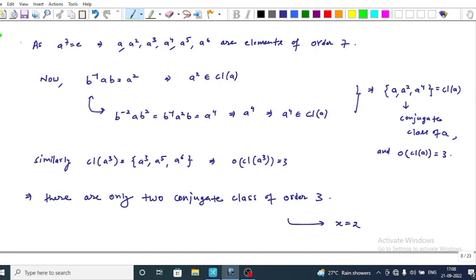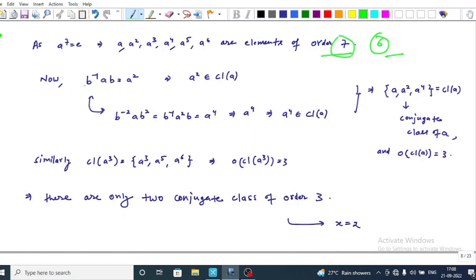In this proof, I use the concept of conjugacy class, because in a class equation the conjugacy class concept is very important. Now, in the generating relation, order of A is 7, this implies that A power 7 equals E. This implies that A, A square, A cube up to A6 are the elements of order 7, because G has a unique subgroup of order 7, and G has 6 elements of order 7.